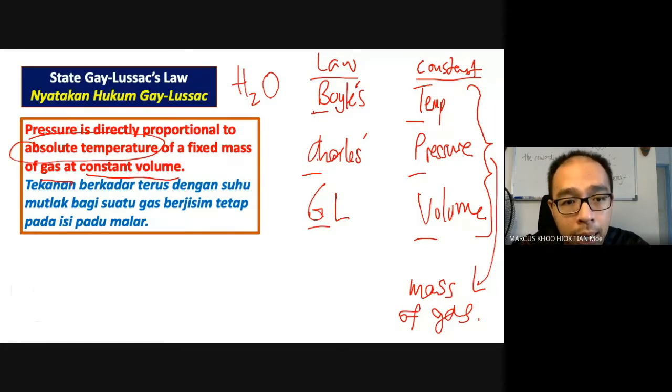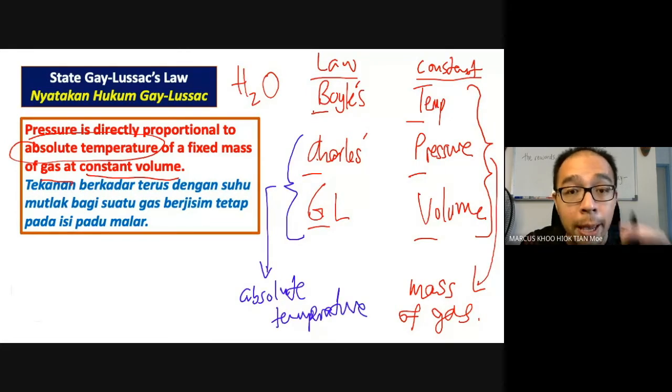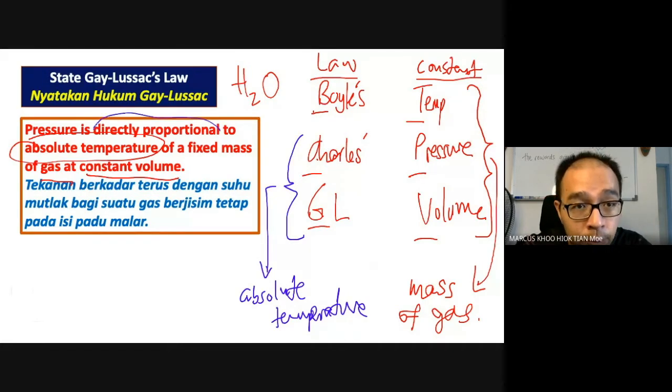But the important thing is this: please remember that when we're talking about Charles' law and Gay-Lussac's law, we need to make sure that we're talking about absolute temperature, not just normal temperature, because absolute temperature is directly proportional.